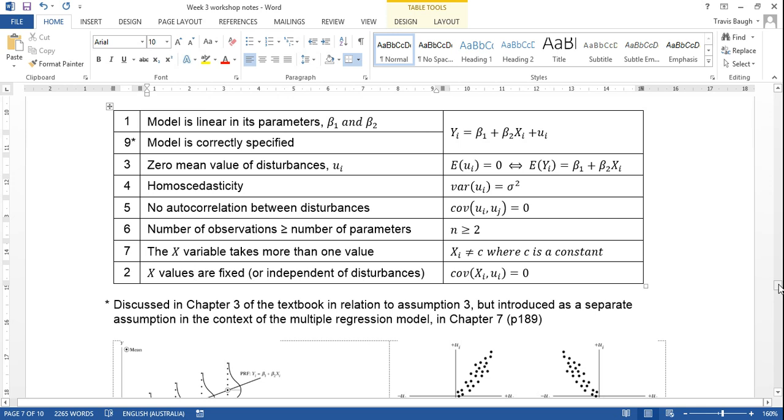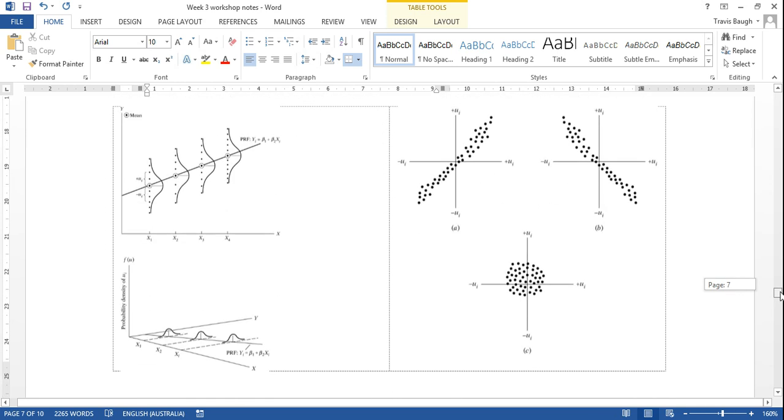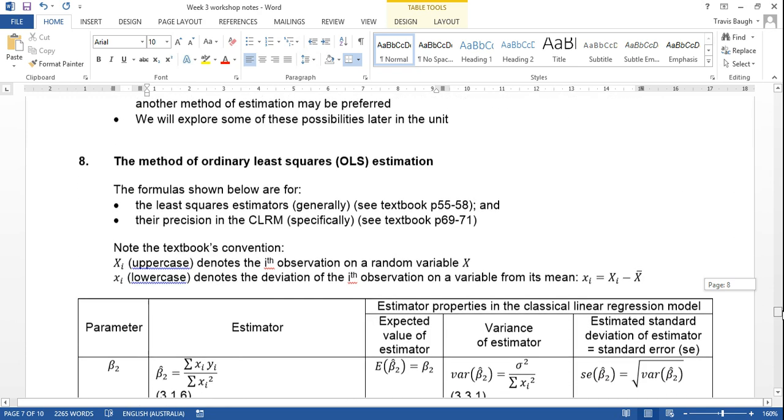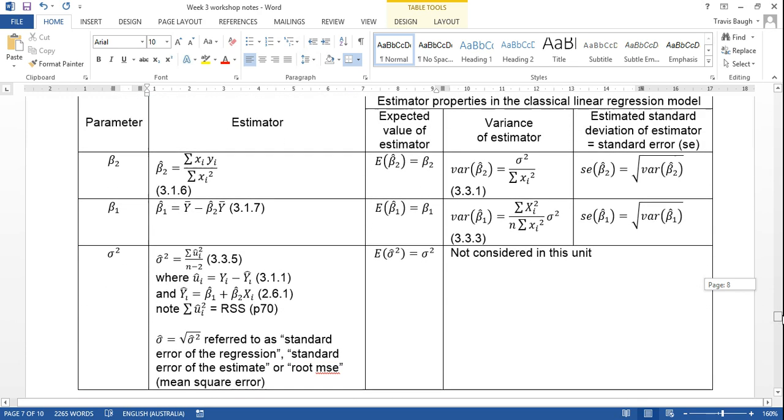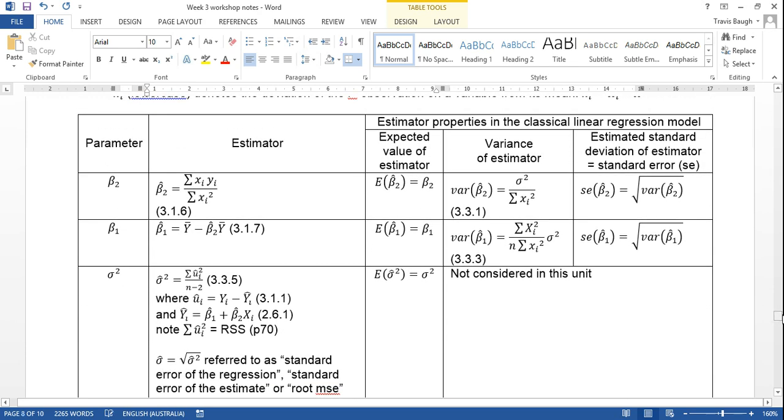Okay, so if that set of assumptions holds, then we would like to know what is the best way of estimating those values of B1 and B2.